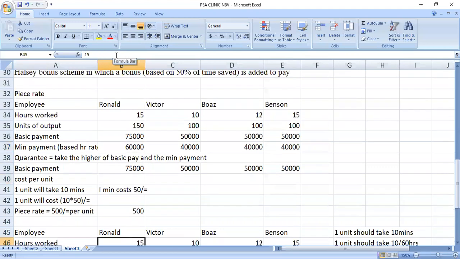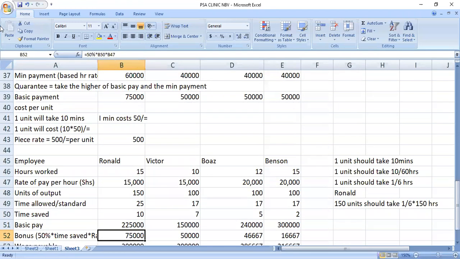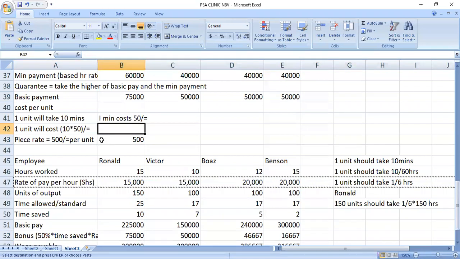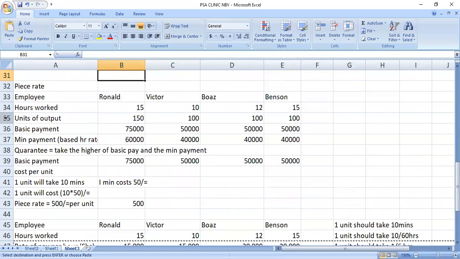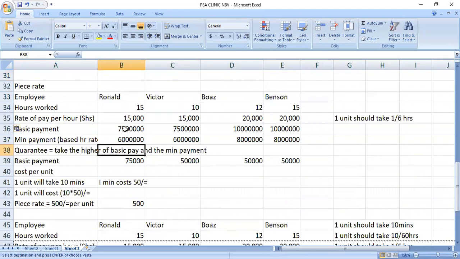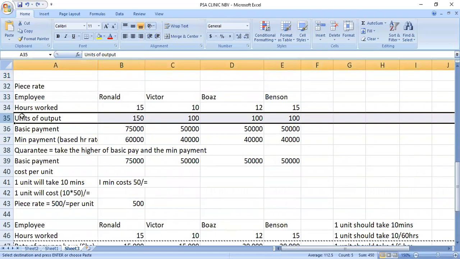I need to borrow back this information of hourly rate, so let me have a column for the rate. Assuming that was our information, I need to insert it.